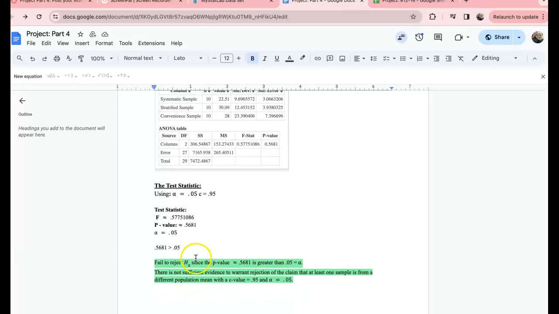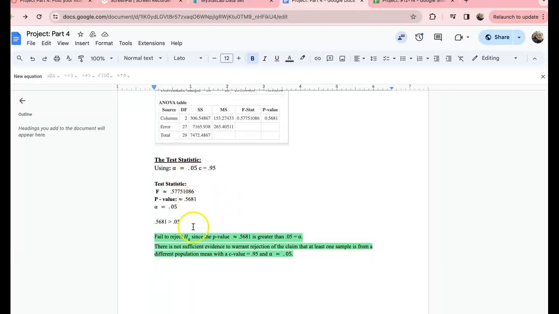So during this testing that we did, we used alpha 0.05 and a c-value of 0.95. For that test statistic, our F-stat came out to 0.57751086, and that, again, is approximate.